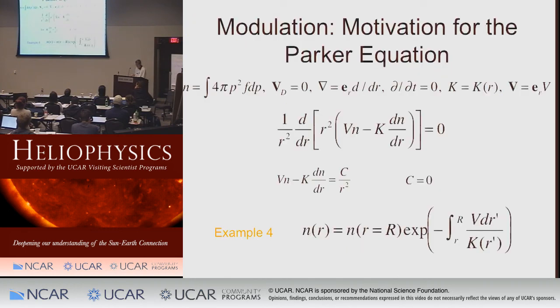Okay, and this is the simplest possible model for modulation. I'm sure Parker did this, although now this one is basically just keeping convection and diffusion. Particles tend to want to diffuse. Galactic cosmic rays outside our heliosphere want to diffuse in because there's less intensity inside, but they're swept out by all the irregularities in the solar wind.